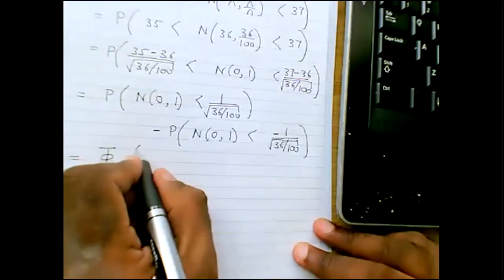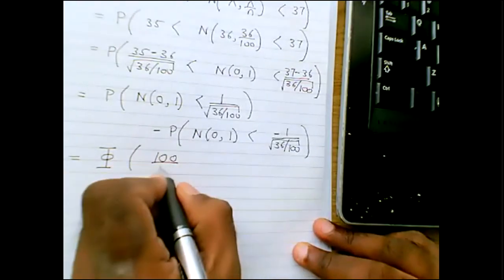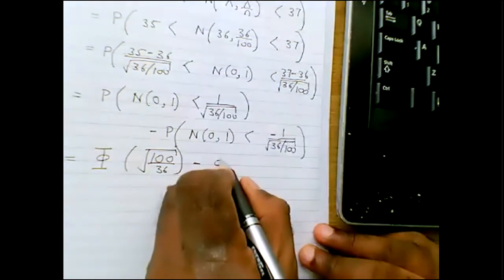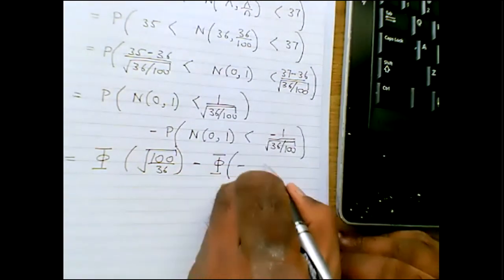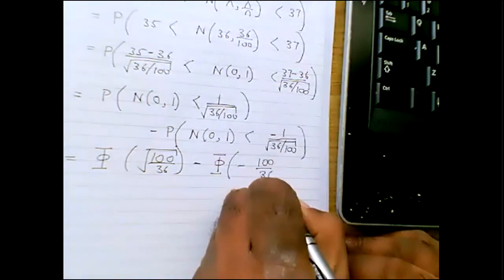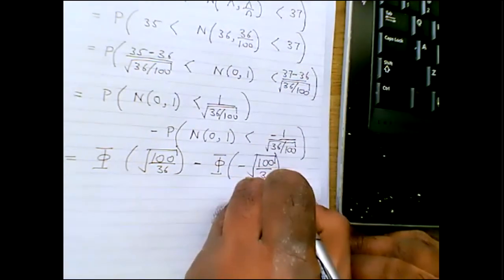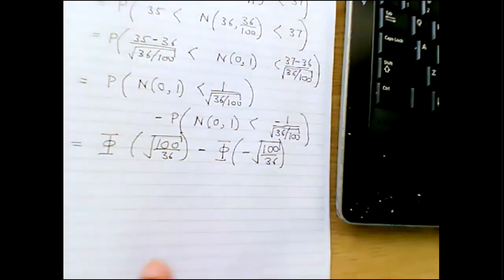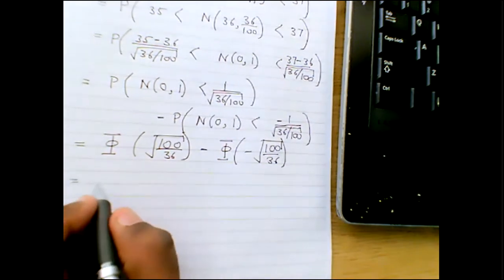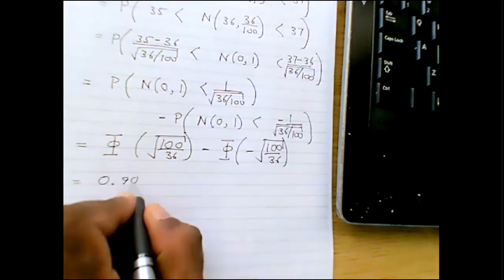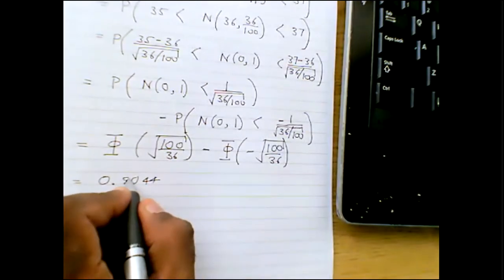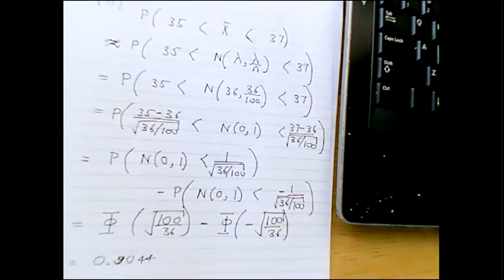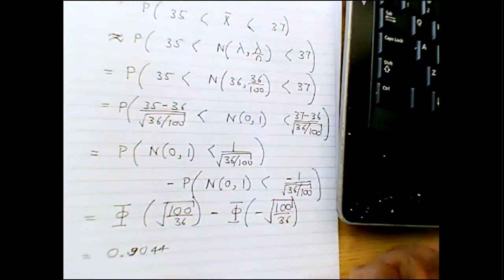This is simply capital phi at the square root of 100 divided by 36, minus capital phi at minus the square root of 100 divided by 36. If you read this off the table, this is what you will get: 0.9044. So that completes part 2 of question 6.